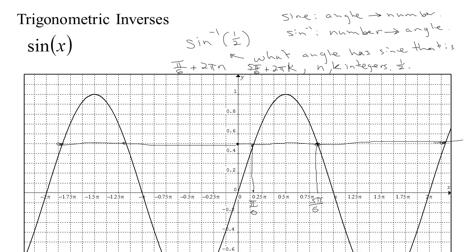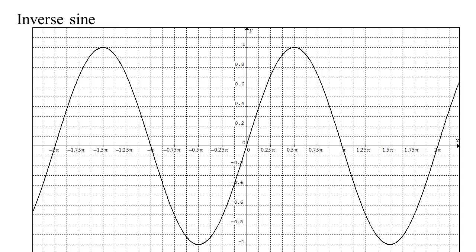Well, the problem is that this function is doubling back on itself, right? And so we know the solution is to cut the function off, and how we cut it off is up to us. So let's look at the graph of sine again and see what would be a natural way to cut it off so that it does have an inverse. We'll stick around 0, so we can work with the smallest angles, right?